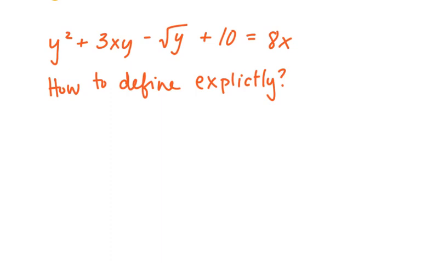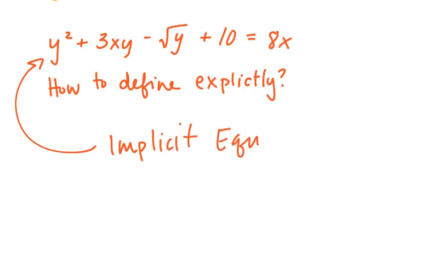So in this situation, since it's hard to isolate the y value, we can say that the function is written y implicitly in terms of x. So this is an example of an implicit equation.